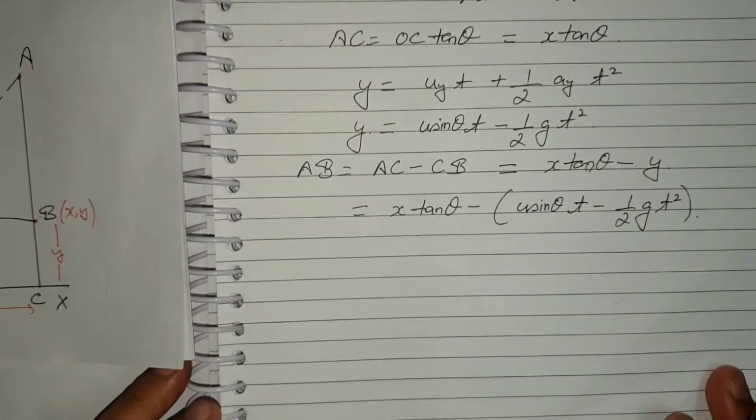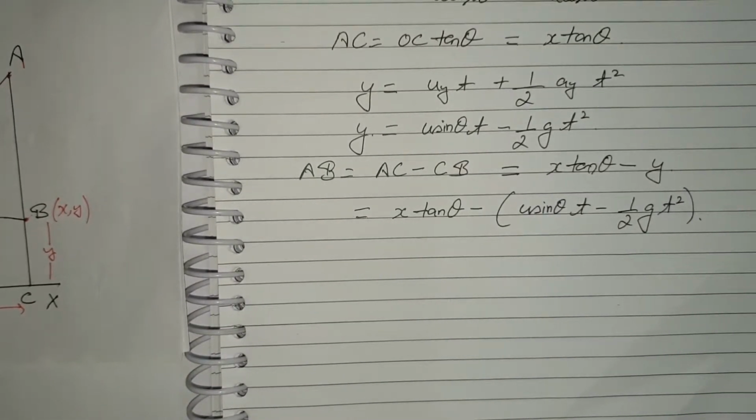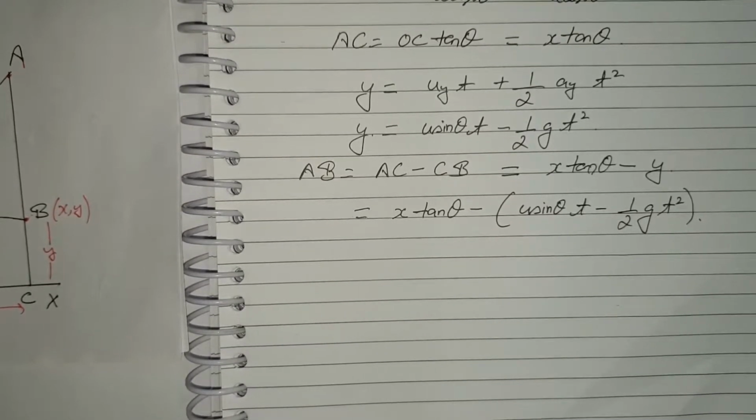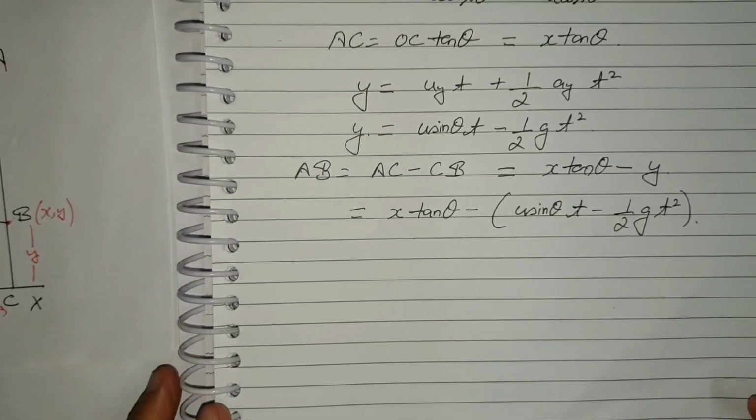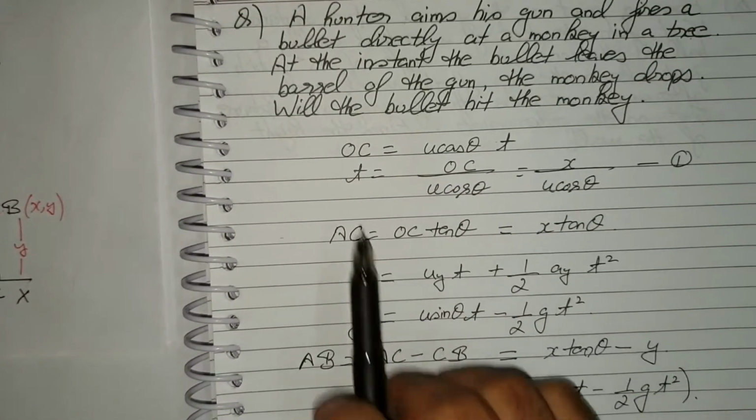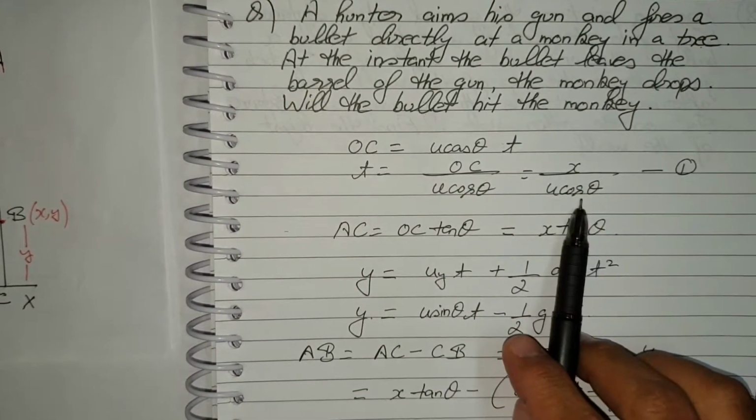Now what is t? Now we can substitute t. T we have calculated initially. T is x by u cos theta.